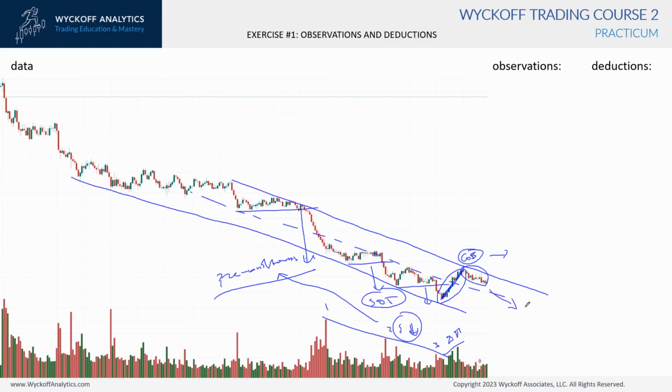And what kind of test should we have, right? Structurally, we usually discuss tests from 2 points of view. Structure needs to be a high low, and effort, the volume and specifically supply, needs to go down. Do we have those two conditions for the test?